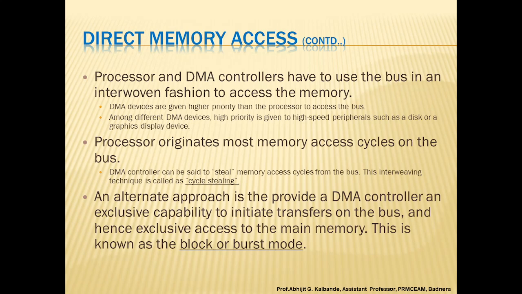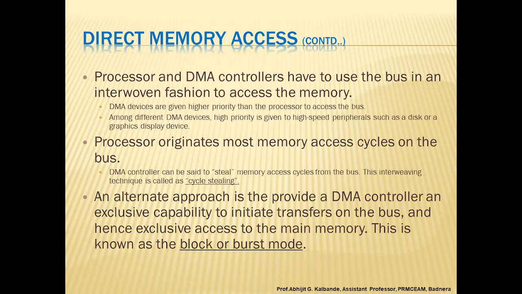The processor and the DMA controller have to use the bus in an interwoven fashion to access memory. Normally, DMA devices are given higher priority than the processor to access the bus. Among the different DMA devices, high priority is given to high-speed peripherals such as a disk or a graphic display device.